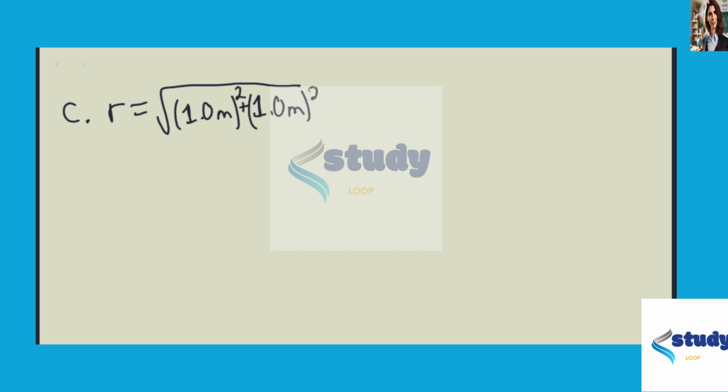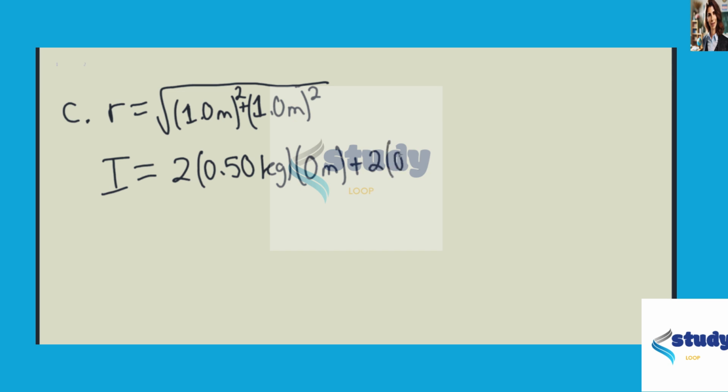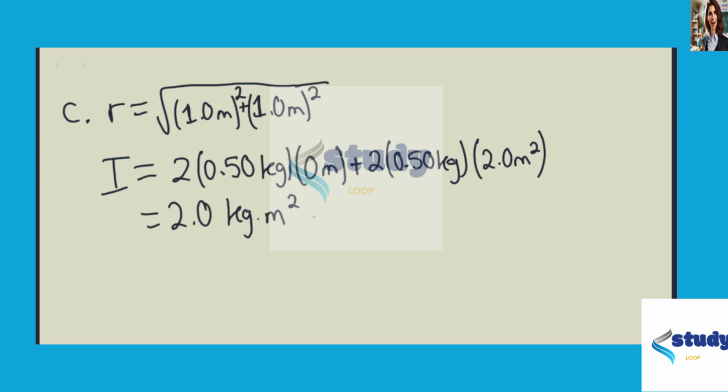We obtain that the moment of inertia now is equaling 2 times 0.50 kilograms times 0 meters, because two of the masses are now on the axis of rotation, plus 2 times 0.50 kilograms times 2.0 meters squared. And we find that this is equaling 2.0 kilograms meters squared.